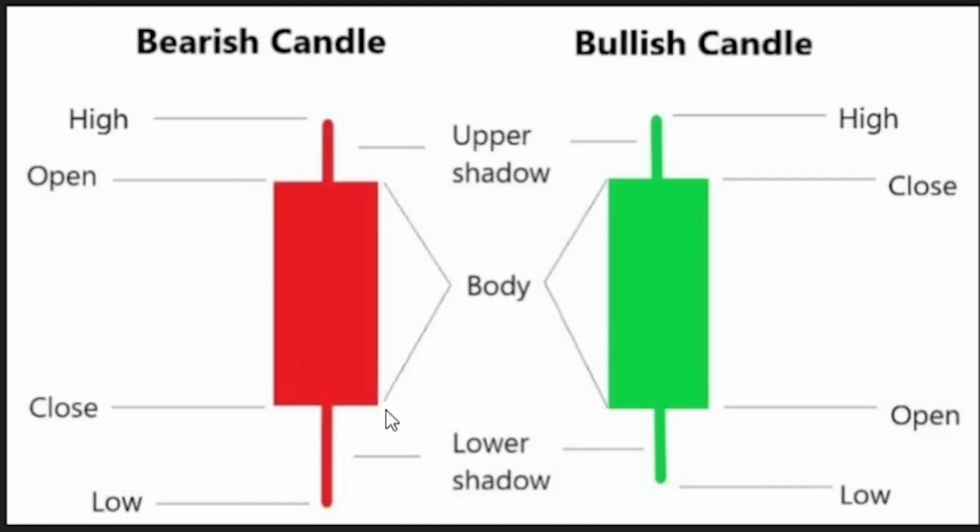Whenever a candle closes, another one will open right at the closing line of the previous candle. A red candle means that it closed below its opening point, and vice versa for the green candle. We opened right here, and we wicked down, and then we went up, we went down, and then we closed here.